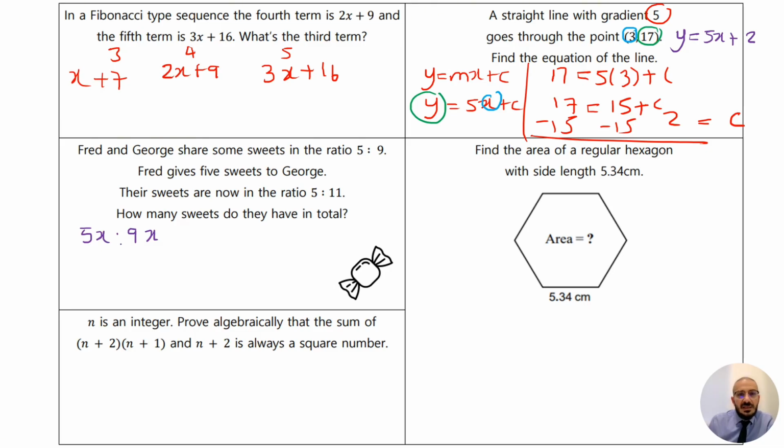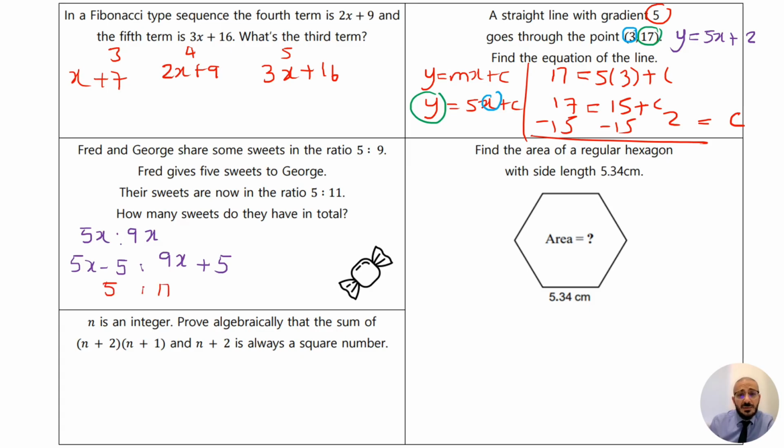So if I'm taking 5 away from this side and adding it onto my next side, it's going to look like 5x take away 5 to 9x plus 5. So I took 5 away from this and added 5 to this. So the ratio now is 5 to 11, is what the question is saying.